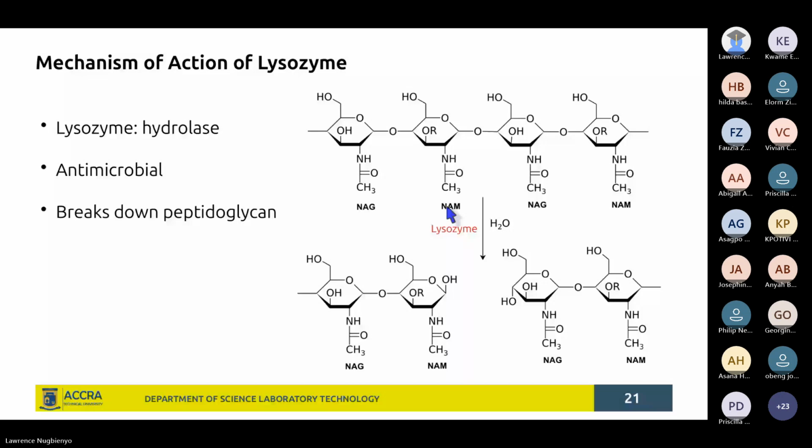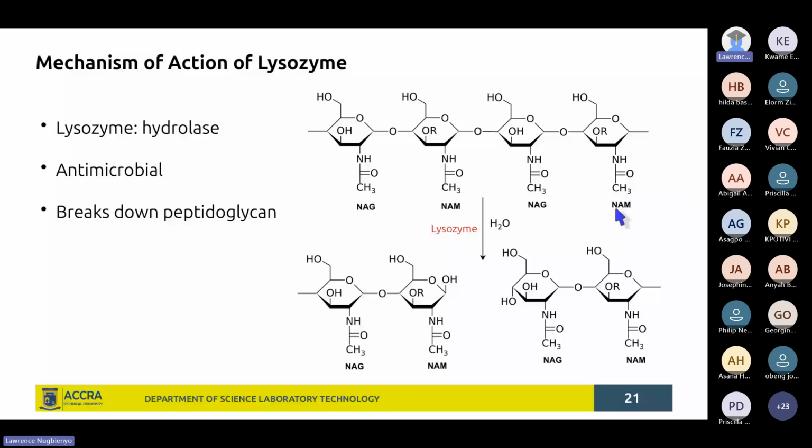form a polysaccharide. So you have these glycosidic bonds between them, and you see these monosaccharide derivatives are alternating. So you see N-acetylglucosamine bonded to N-acetylmuramic acid, and next is another N-acetylglucosamine bonded to N-acetylmuramic acid, and so the chain continues that way.